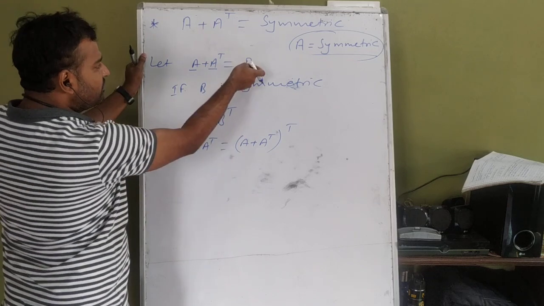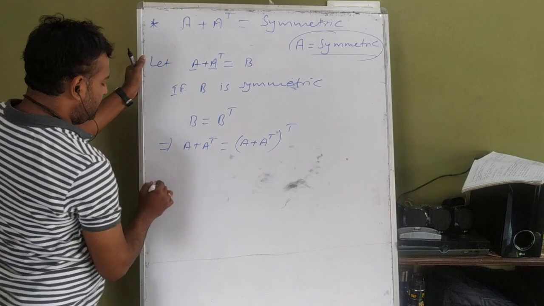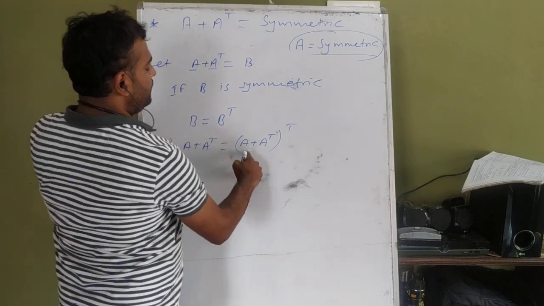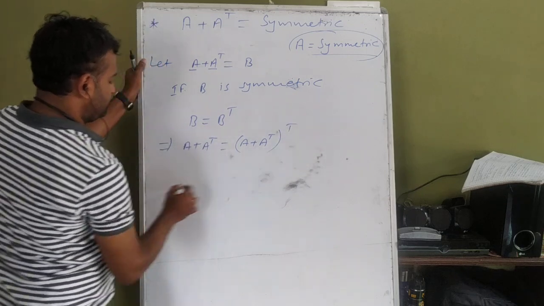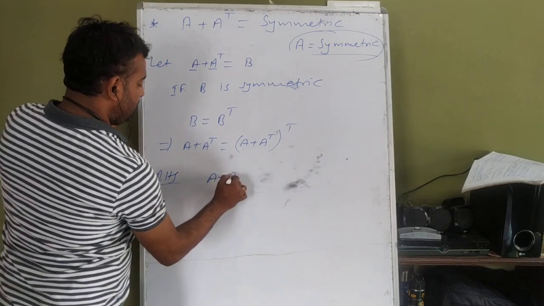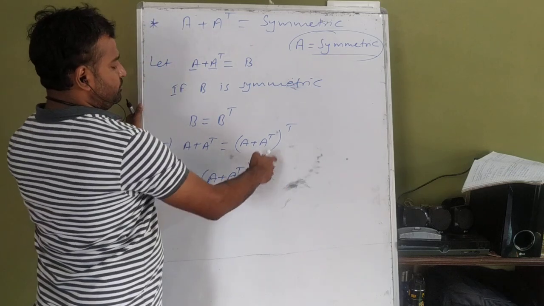We just let B equal A plus A transpose and put the value there. Now we have to prove that A plus A transpose equals A plus A transpose whole transpose. Take from the RHS: A plus A transpose whole transpose.